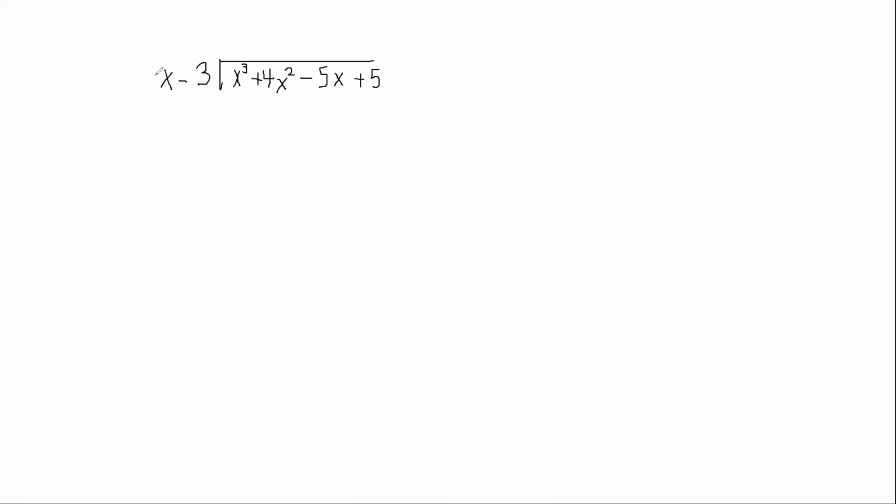So we look at the x here, and we look at the first one here. So we know that x can go into x to the third power by multiplying it by x squared.